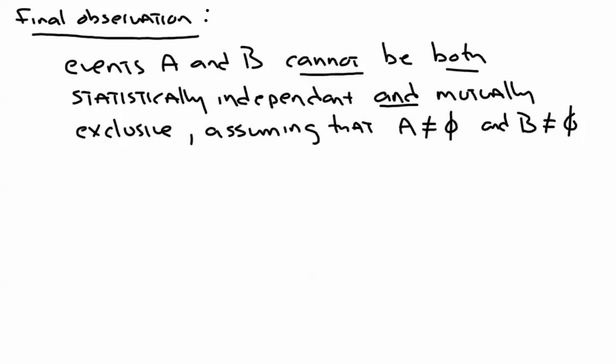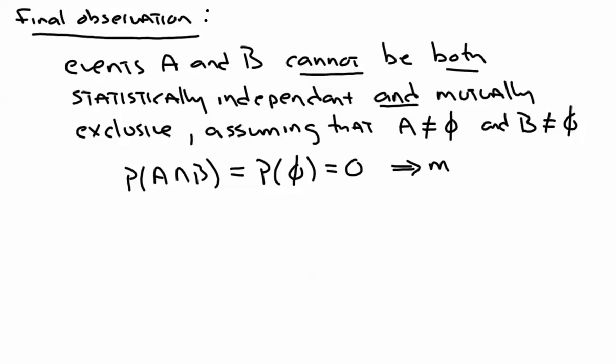So if they are mutually exclusive, the probability of the intersection equals the probability of the empty set, which is 0. If they're mutually exclusive, that means that the events A and B intersect nowhere, so the probability of the empty set is 0, whereas the statement of statistical independence is as follows.